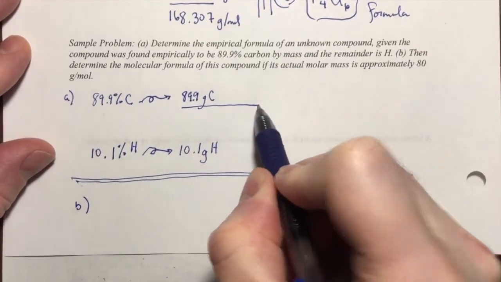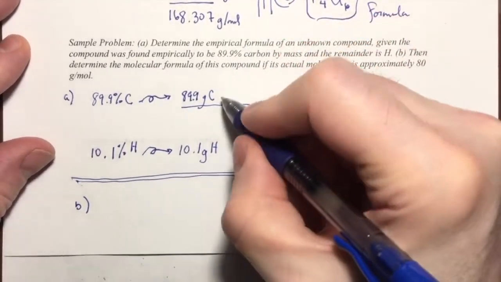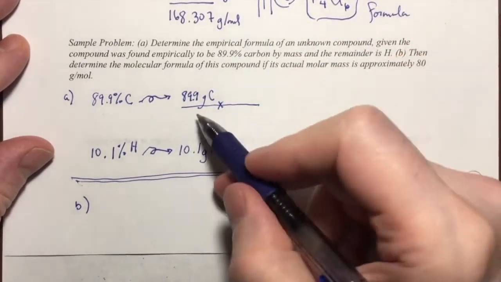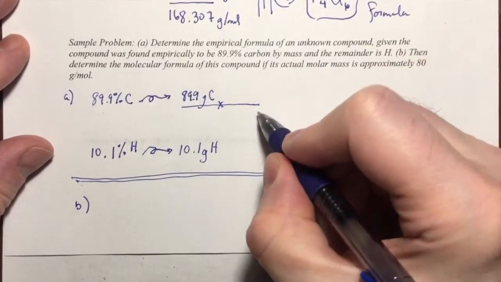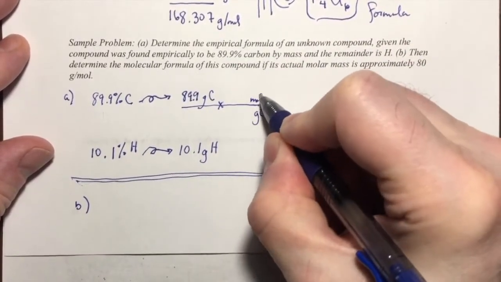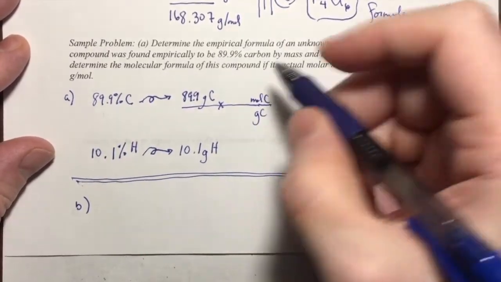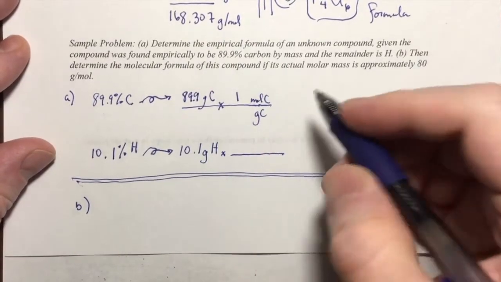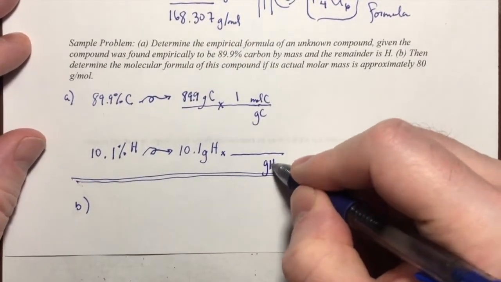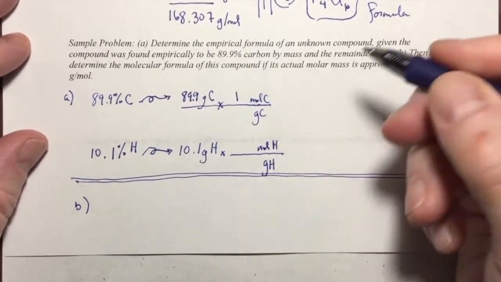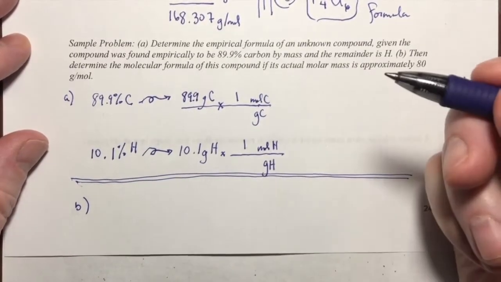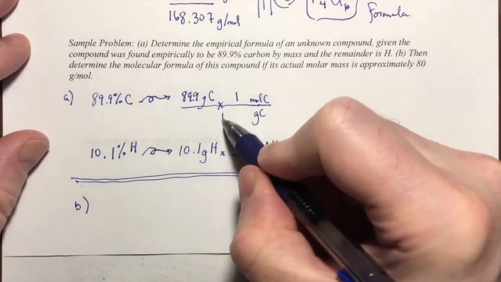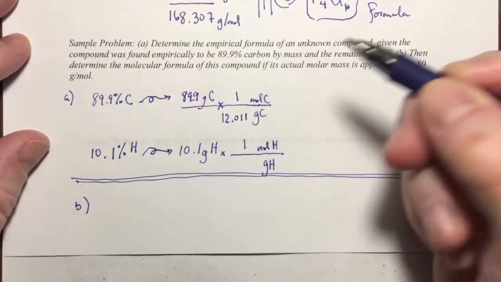My next step, mass to mole. We're going to convert grams of carbon to moles of carbon, and molar masses are always per 1 mole. Grams of hydrogen to moles of hydrogen, also per 1 mole. Carbon's molar mass is 12.011.